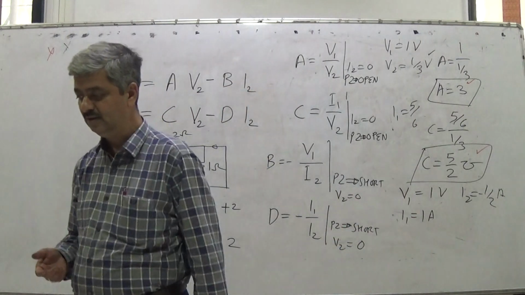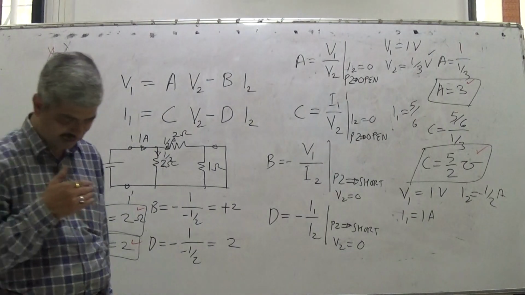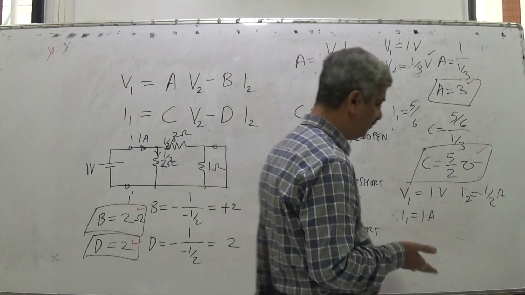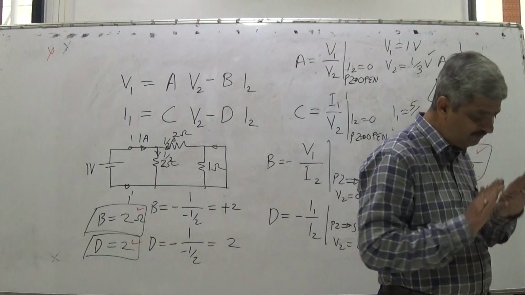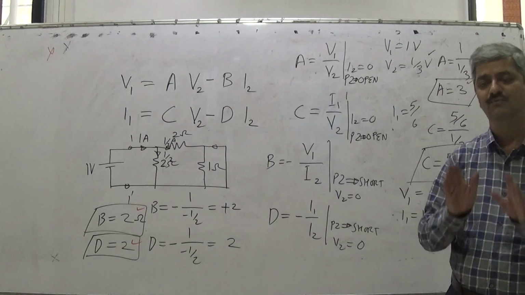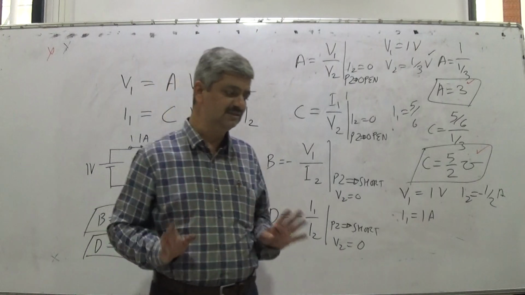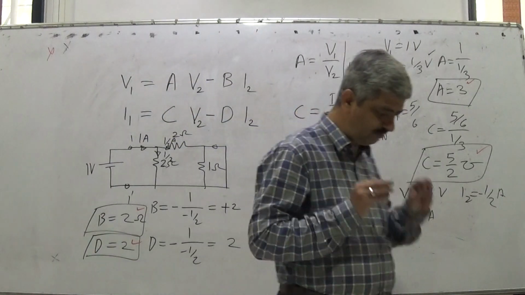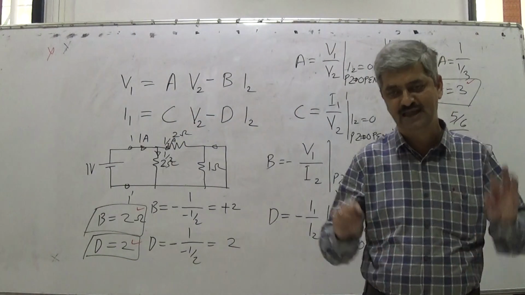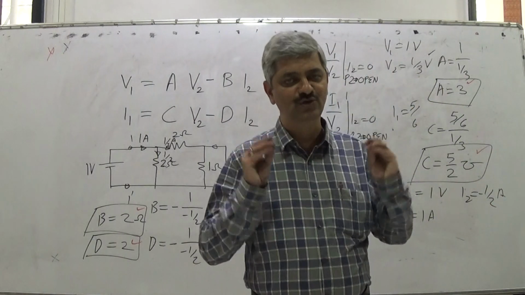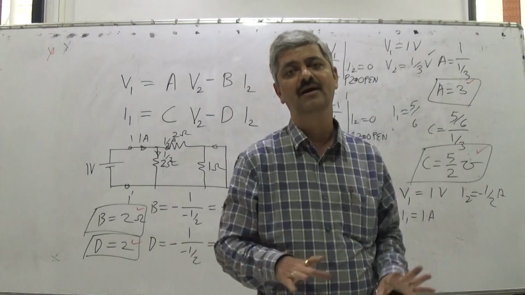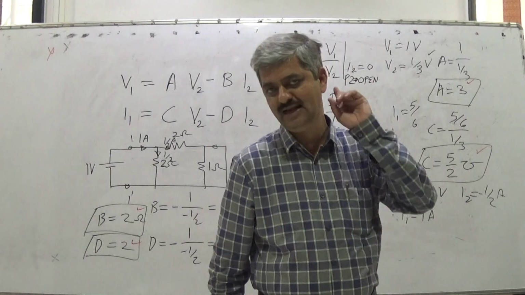So when we are describing it in different ways, we are finding the values Z, Y, H and ABCD. So with this, I think everybody must be able, for any given circuit, by knowing the definitions, to find the parameters.